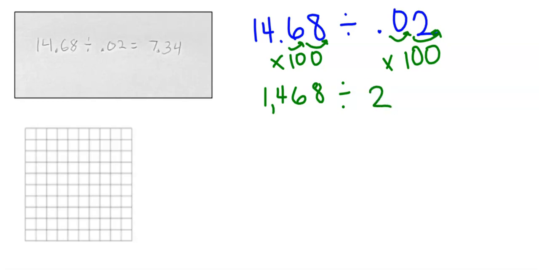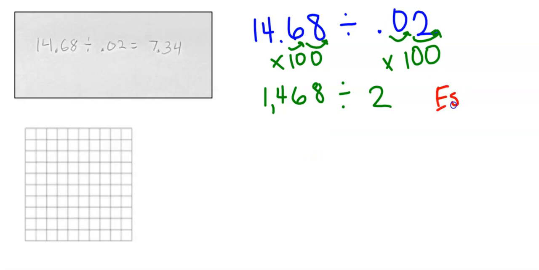Okay, so now I'm thinking if I just have 1,400, and because I'm going to estimate, let me get a different color.